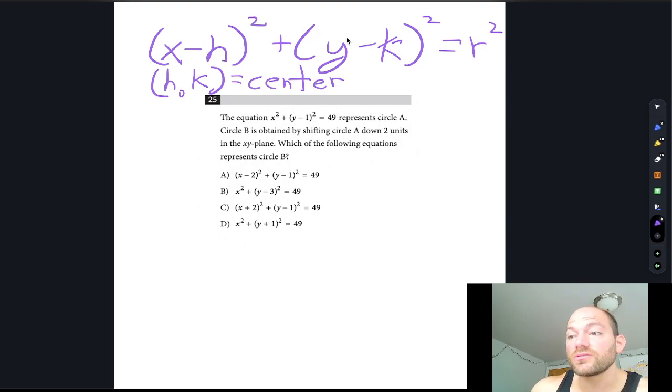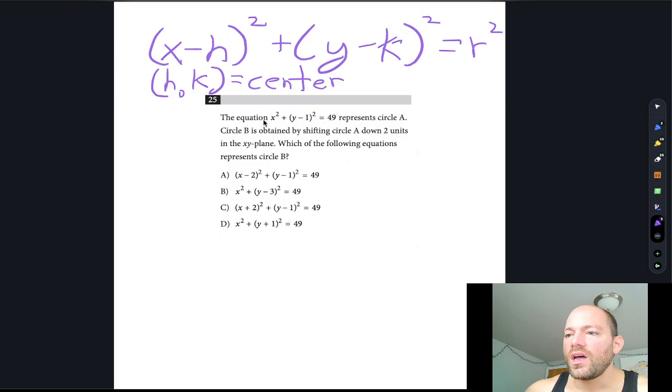Because x minus h, y minus k, always the way it is in parentheses in these kinds of equations. Just like when you factor a quadratic, or when you see a quadratic equation in vertex form, the sign in front of the number in parentheses is always going to represent the opposite of what's going on. I'll show you an example in a second. And the r represents what it always does in a circle question, right? The radius.